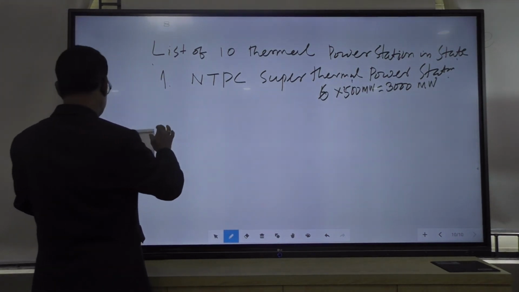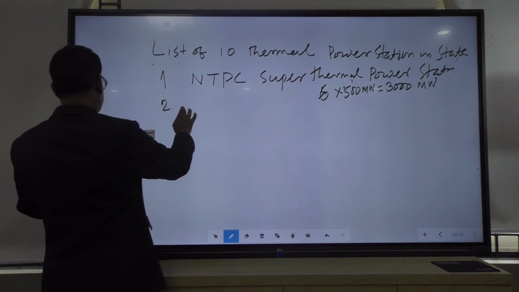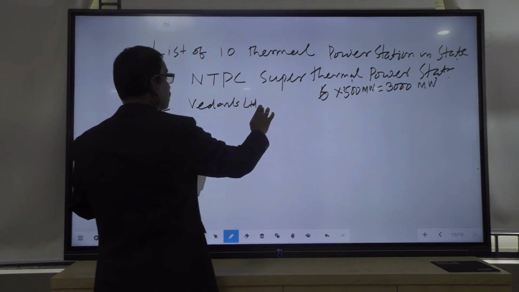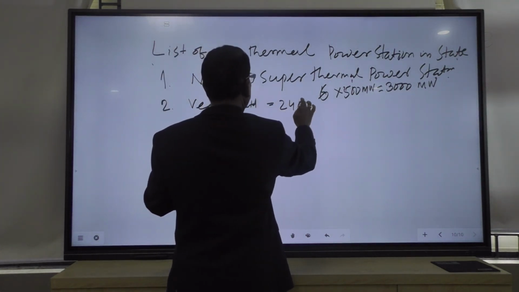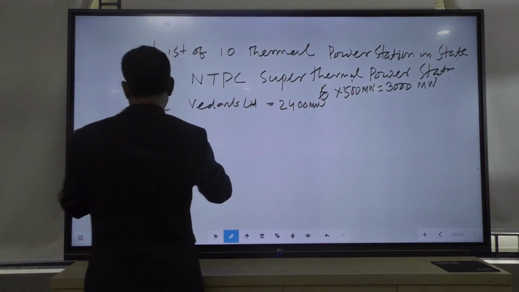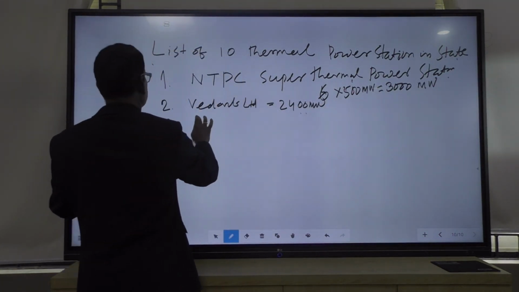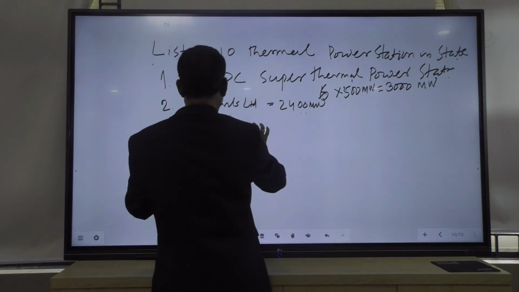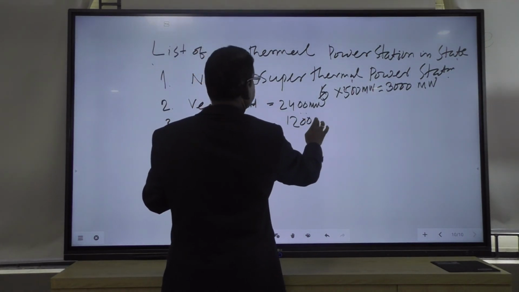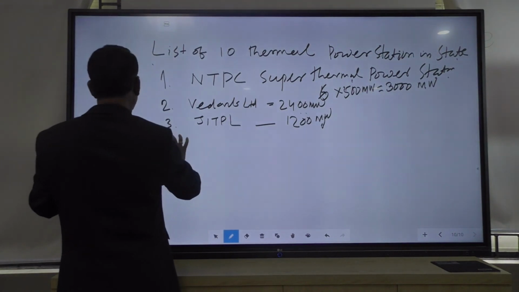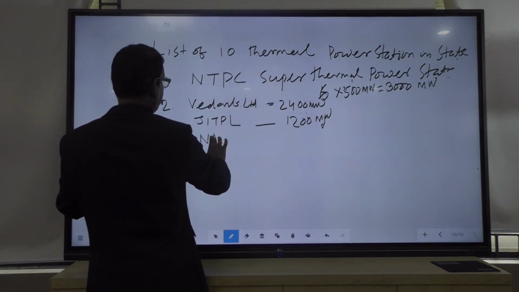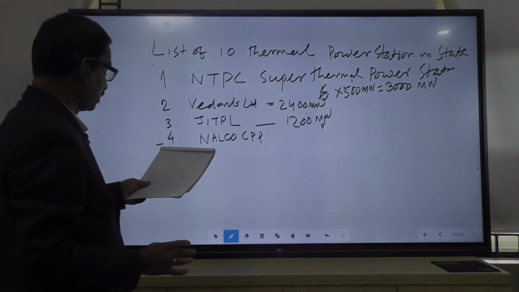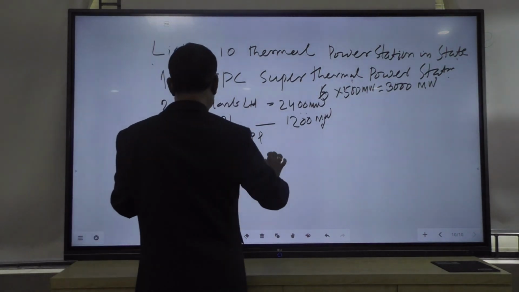This is a central government organization. In the private sector, Vedanta Limited is second, producing 2400 megawatt. Number 3, Jindal, JITPL, Jindal Power Limited, in Derang, producing 1200 megawatt. Number 4 is Nalco CPP, captive power plant. CPP full form is captive power plant. Nalco has its own power station in Angul.